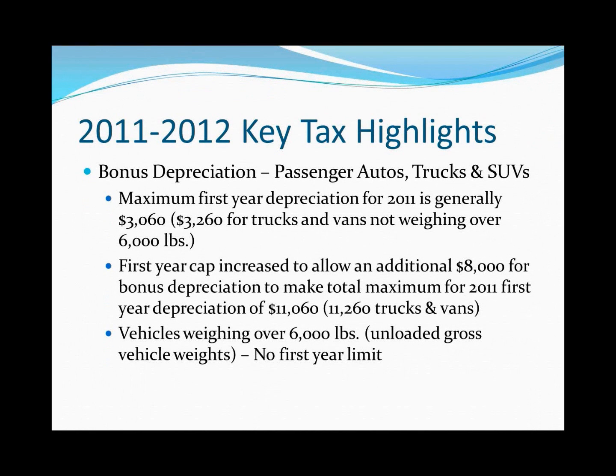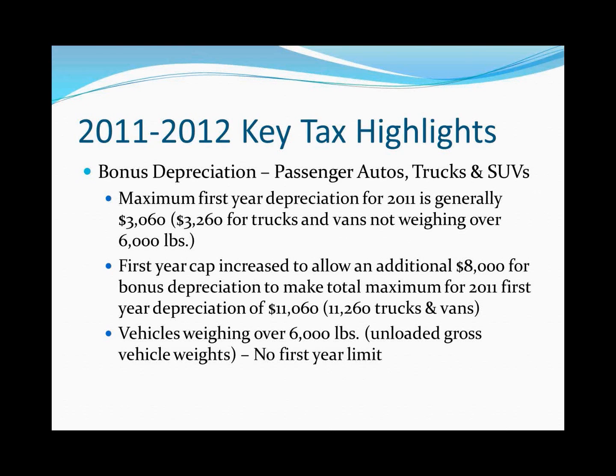The bonus depreciation rules for passenger autos, trucks, and SUVs. Like I said before, passenger autos are generally considered listed property. And also there are some special rules that limit the amount of depreciation that can be taken on passenger autos. So the maximum first-year depreciation for 2011 was generally $3,060, $3,260 for trucks and vans not weighing more than 6,000 pounds.